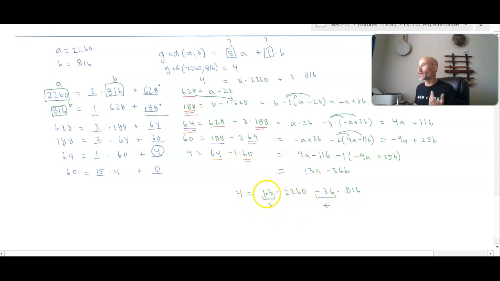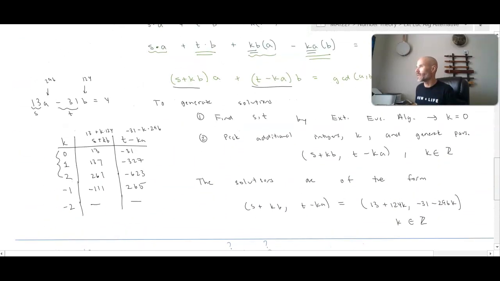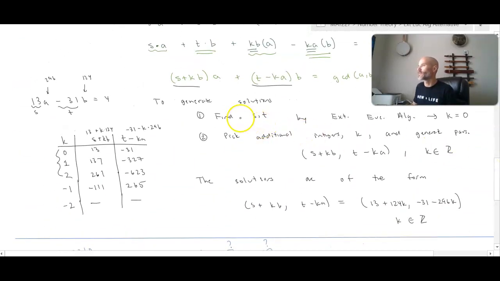Now, these are not the only values of s and t. Remember back up here we said that our little derivation said to generate solutions, find s and t by the extended Euclidean algorithm. That's what we got. That's for k equals 0.